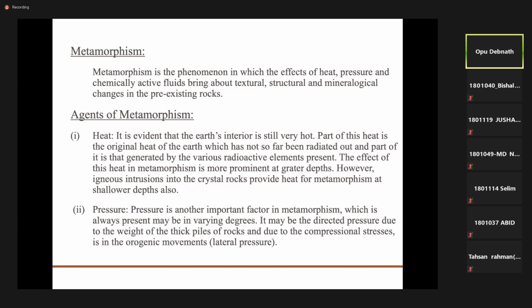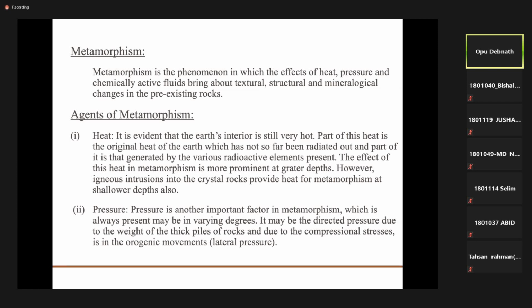And another is direct pressure from the weight of the rock. And another one is the compressional stress, or lateral pressure. The direct pressure of the overlying layer always provides compressional stress, that means vertical stress in one axis. And the lateral pressure will be induced by lateral movement of the tectonic plates or the deposits.